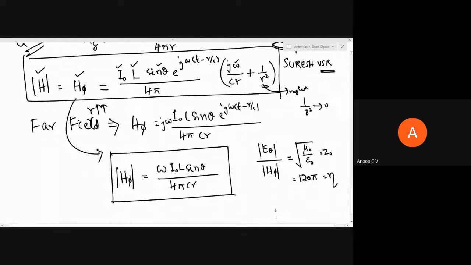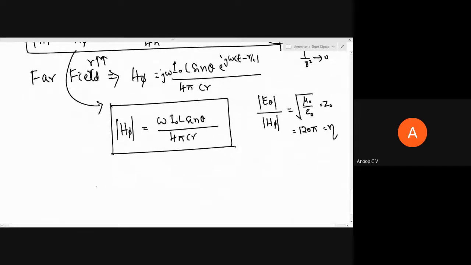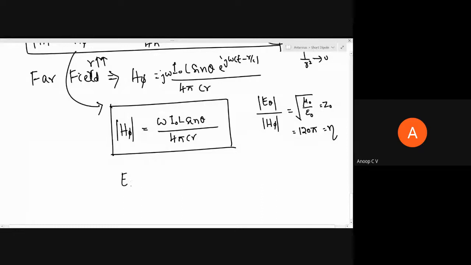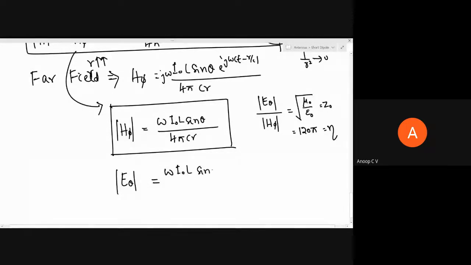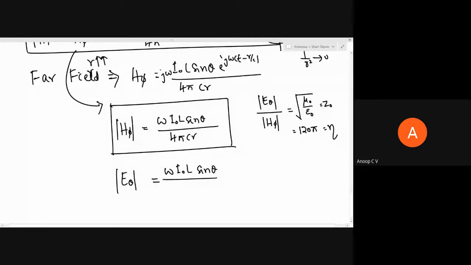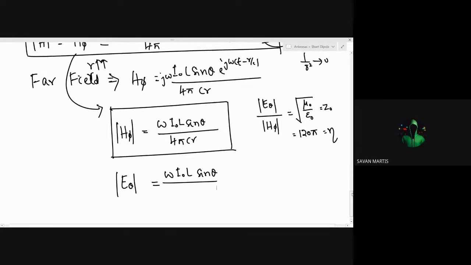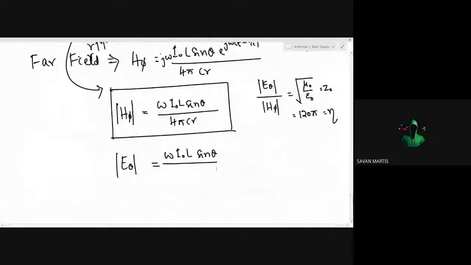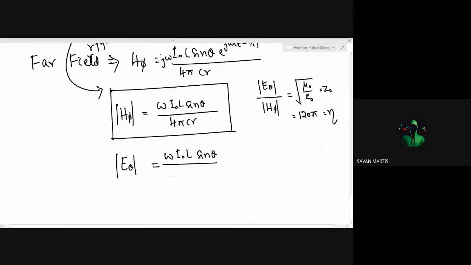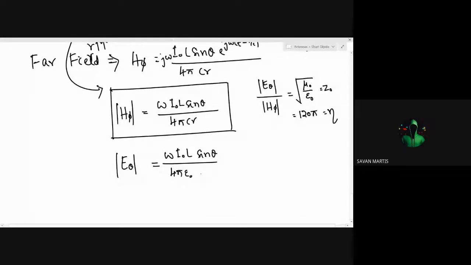What is the magnitude of E theta in the far field? It is omega I naught L sin theta divided by 4 pi epsilon naught c square r.